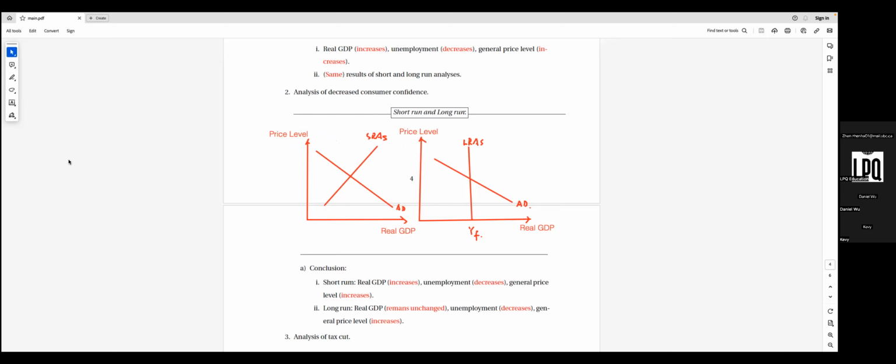But this time what happened here is decreased consumer confidence. Decreased consumer confidence basically means the consumers, the public, don't have any confidence about Canada's future economy. So people may think, okay, in the near future, maybe due to COVID-19, maybe due to a terrorism reason, the Canadian economy will decrease.